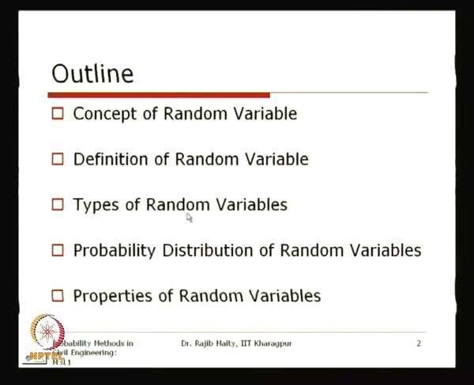This concept is important to understand how it is used in probability theory, and the probability theory for random variables is generally assessed through their distribution. So, it is known as the probability distribution of random variables, and after that we will learn different properties of random variables.